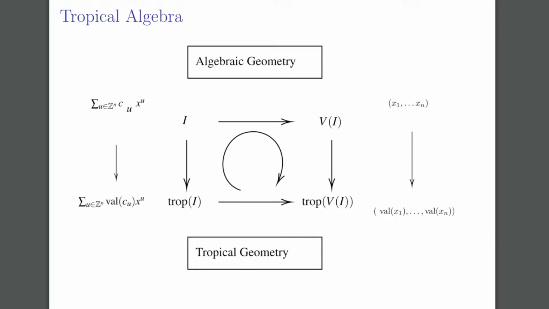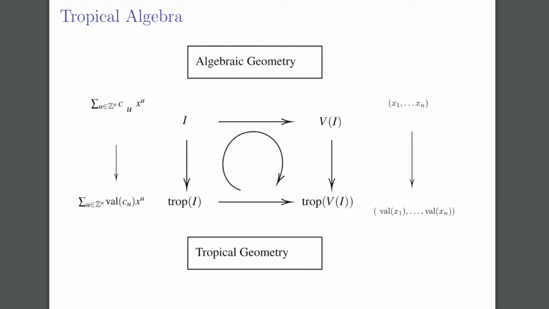One of the important questions here is, why do we do this? Why is this a good idea? Well, algebraic geometry studies the relationships between I and the variety of I, and tropical geometry can study trop of I, the tropical ideal of I, and trop of V of I. And there's some variety relationship between trop of I and trop V of I. It turns out that tropical geometry works because this diagram commutes.